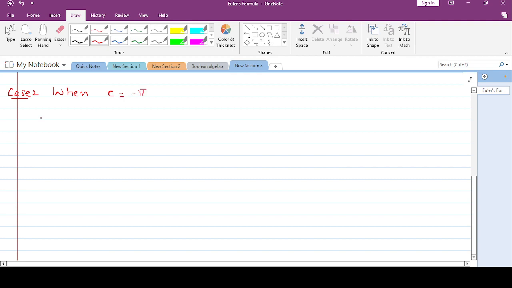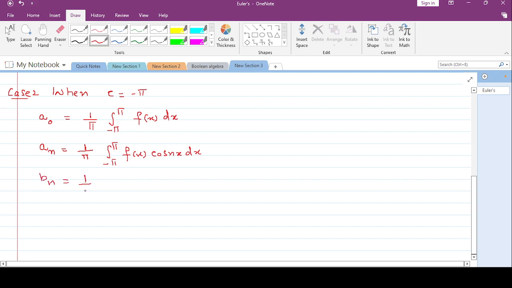In that case you see that your a naught just becomes 1 by pi integral minus pi to pi f(x) dx, and this a_n is equal to 1 by pi integral minus pi to pi f(x) cos nx dx, and b_n is equal to 1 by pi integral minus pi to pi f(x) sin nx dx.